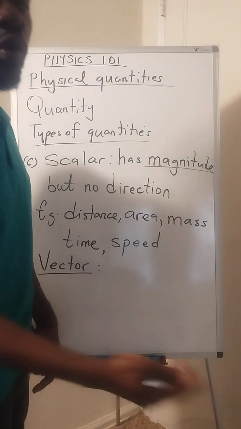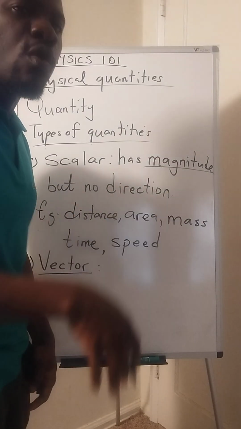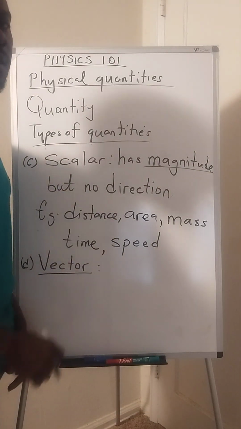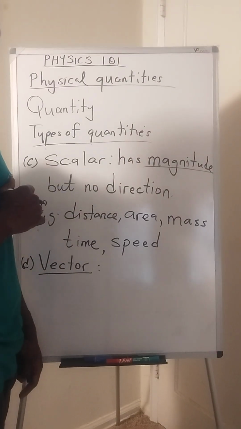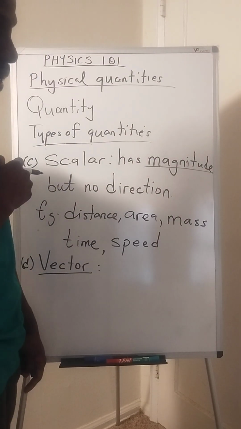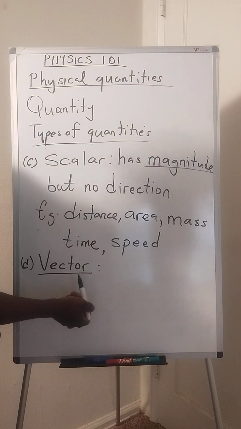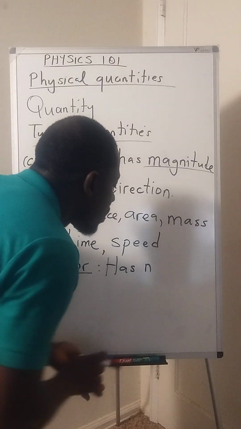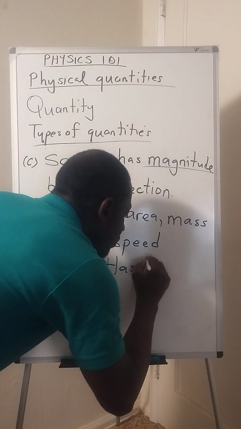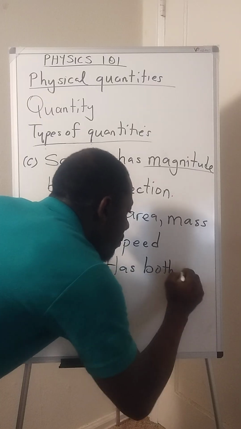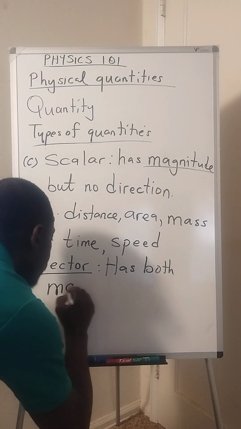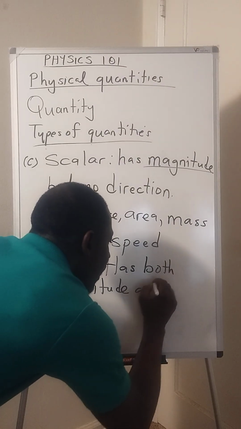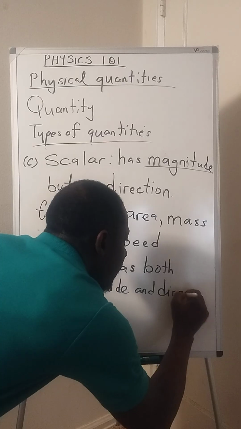But if we know the numerical value and we know which direction it's taking, then it becomes a vector quantity. So take a guess. What do you think a vector quantity will be? The guess is as good as mine. So a vector quantity has both magnitude and direction.